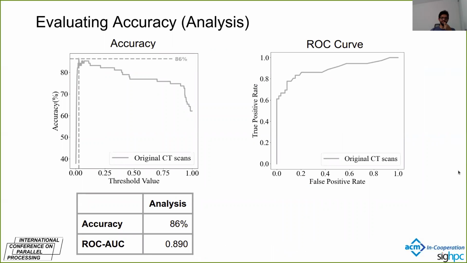Image analysis achieves an overall accuracy of 86% and area under the receiver operating characteristic curve of 0.890. The accuracy and ROC curve of classification with original images are shown in the plots.